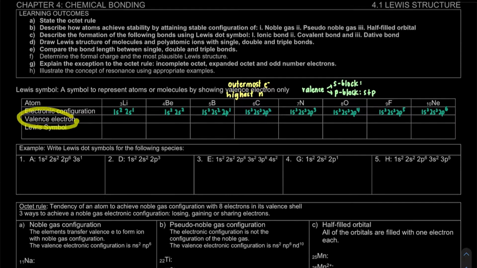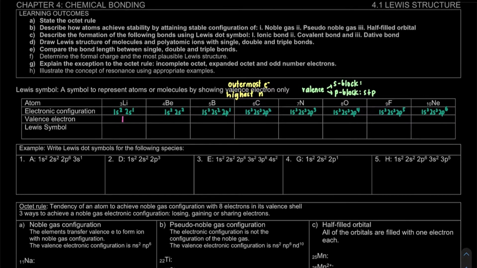Valence electron is the outermost electron, which is our highest n. In this case, for lithium, the highest n is n equals 2. How many electrons? Here we only have 1 electron. For beryllium, 4Be, it is 1s2, 2s2.